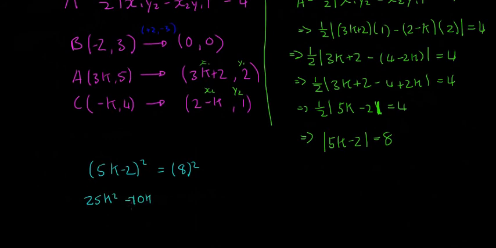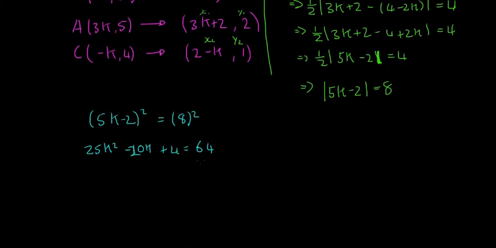No, sorry, it's minus 20k, plus 4 is equal to 64. I'm going to move the 64 over, and we're going to get 25k squared minus 20k minus 60 is equal to 0.